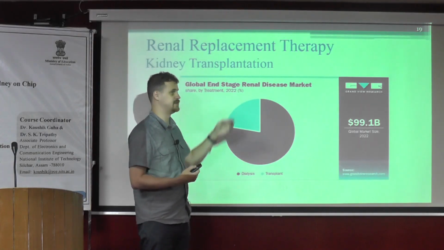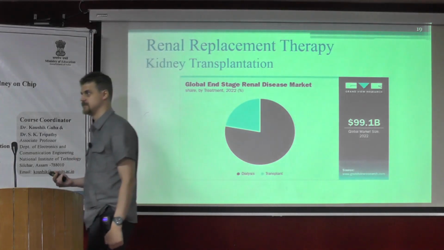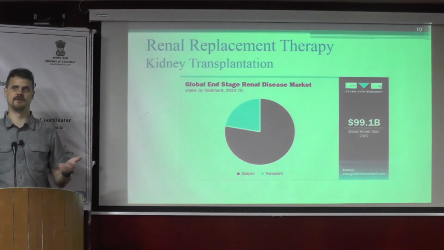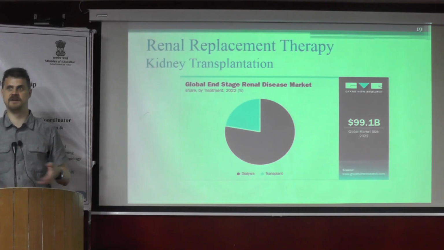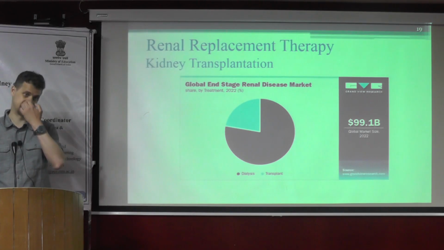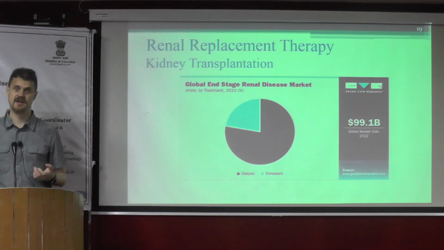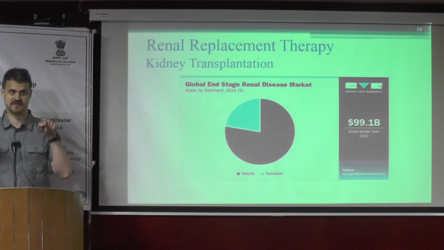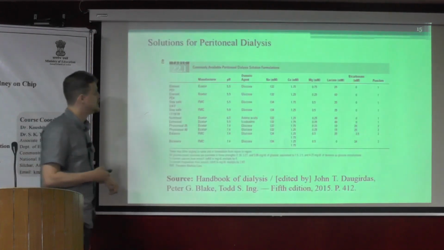And another issue with organ transplantation is, of course, that in some cases the donor organ will be affected by the responsive immune system, which will lead to the problem that a person who just had a transplant will still require other means of renal replacement therapy if the immune system suppresses the work of this organ.